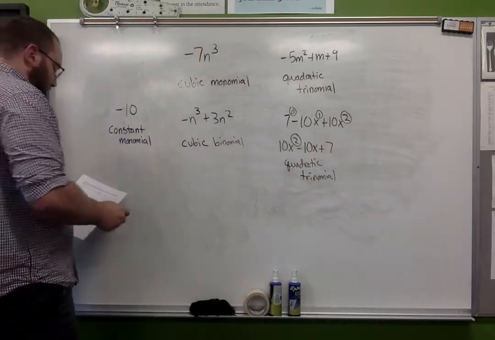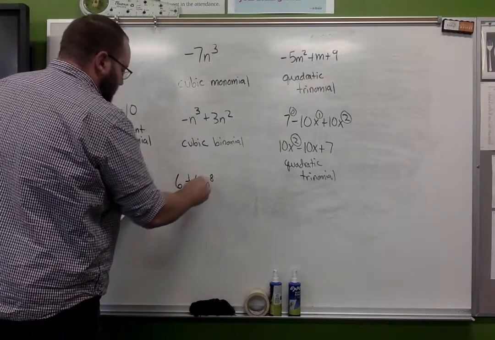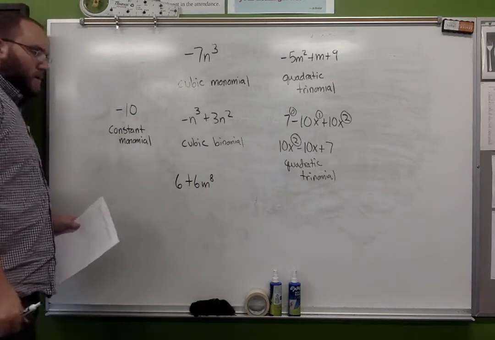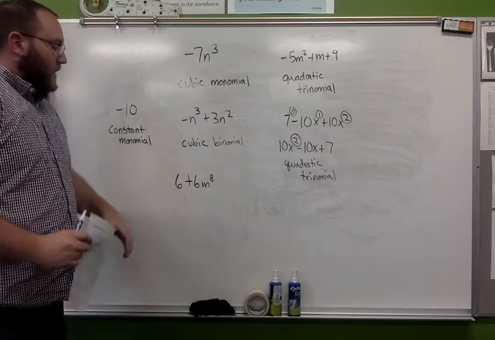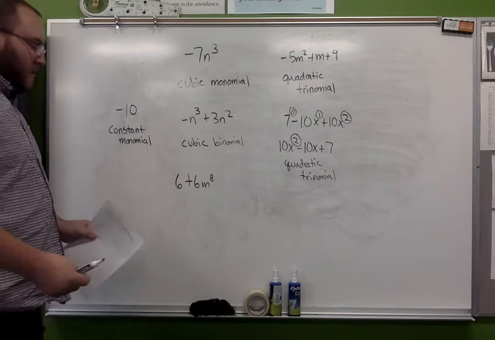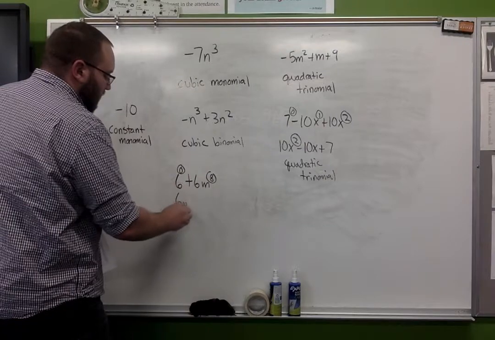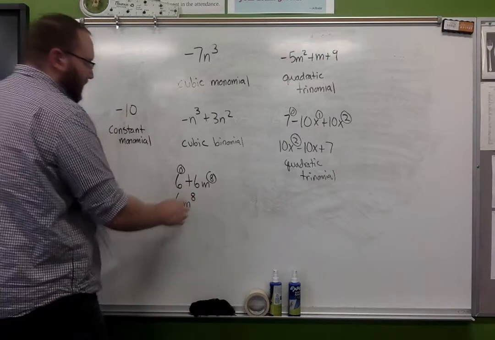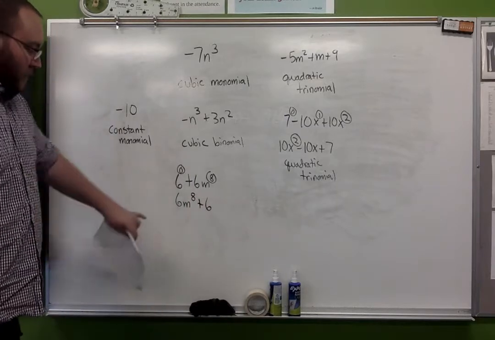And the last one, I put that on there not to be tricky, but it's an example that allows me to teach something else pretty simply. So 6 plus 6m to the 8th, it's not in standard form, right? This is exponent of 0, this is 8, so let's rewrite it in standard form. 6m to the 8th power plus 6. So it is a binomial.